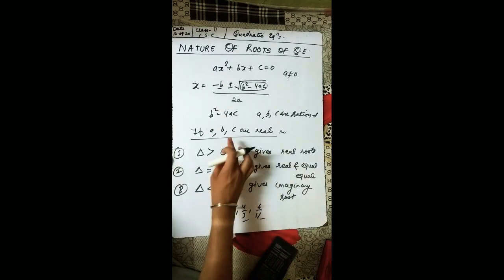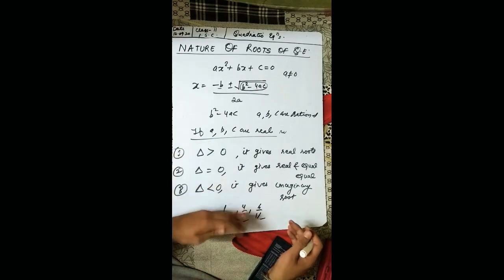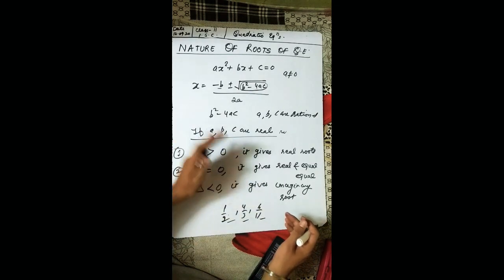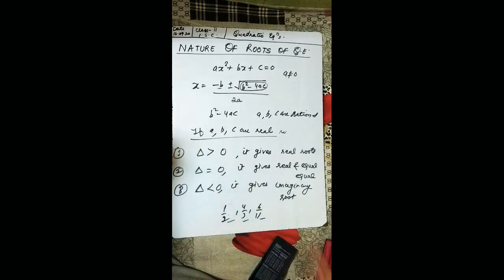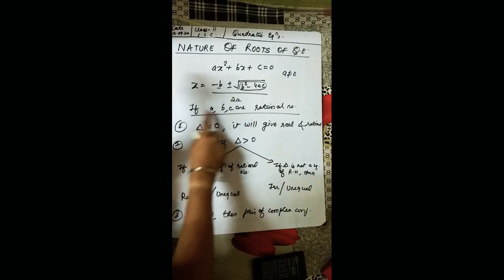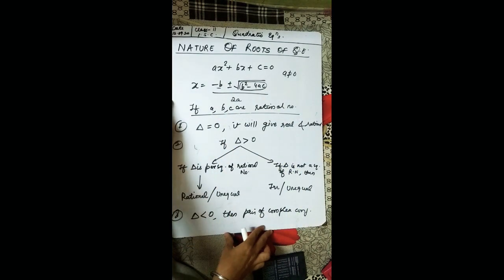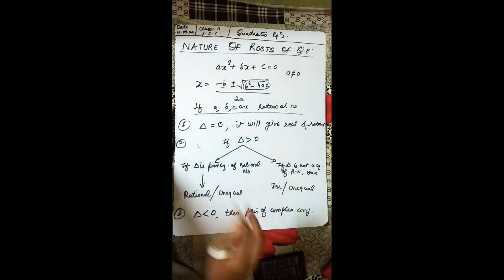So if your a, b, c are rational numbers, then what will be the nature of the roots of the quadratic equation? Here is the condition. If a, b, c are rational numbers, then you understand what the criteria for finding the nature of the roots is in that situation.